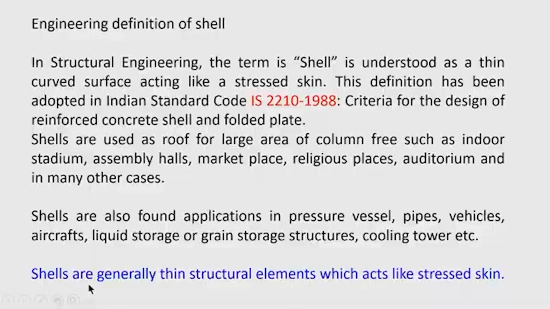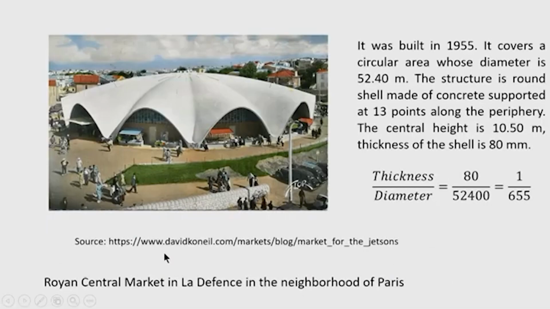So, in a nutshell, we can say that shells are generally thin structural elements which act like a stress skin. Now, let us see an example.